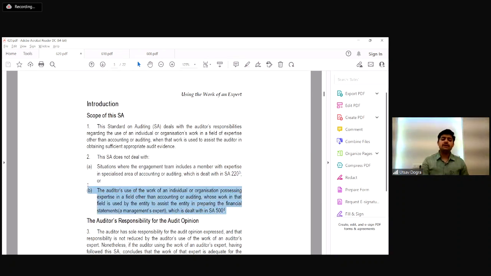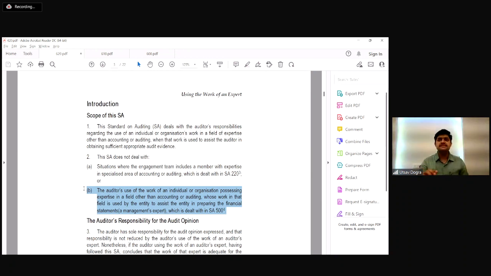So here, whenever an expert who has expertise in a field other than accounts or auditing is engaged by the management for the purpose of preparing the financial statement, he would be termed as the management's expert. And this SA does not deal with the management's expert, that is being dealt with in SA 500.